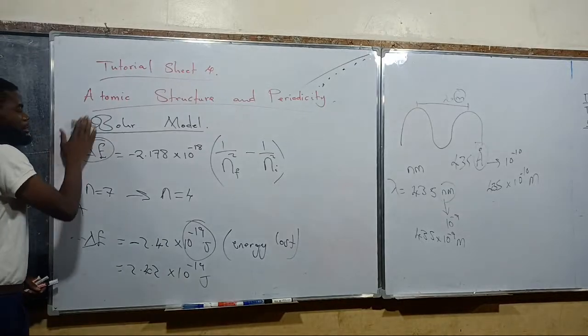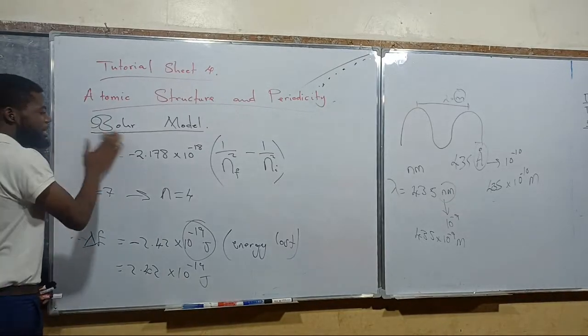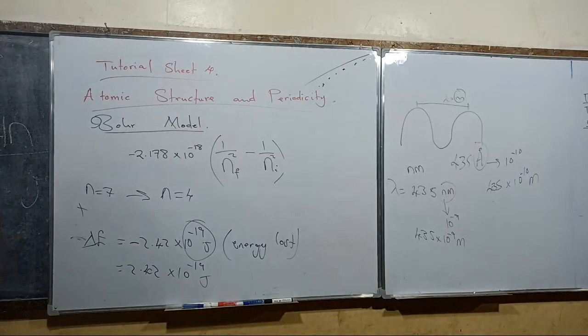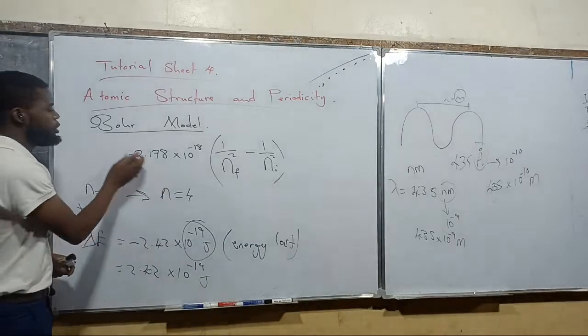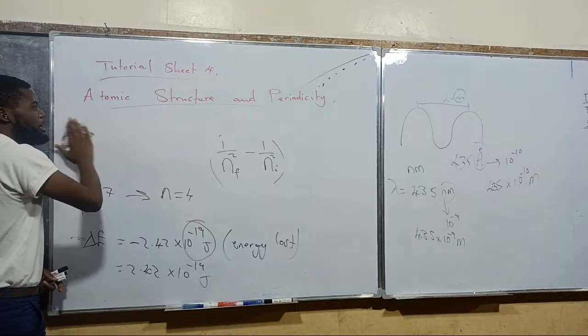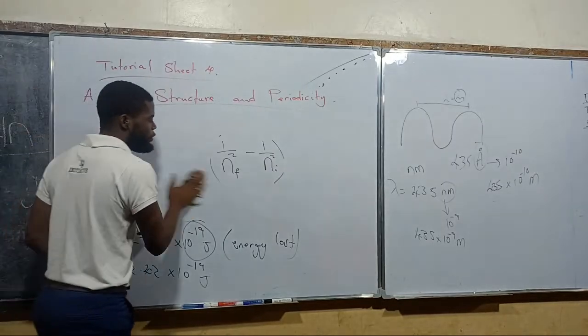This one talks about the fundamental limitation. According to the Heisenberg uncertainty principle, we can't know these two things: the momentum and the position of a moving particle.